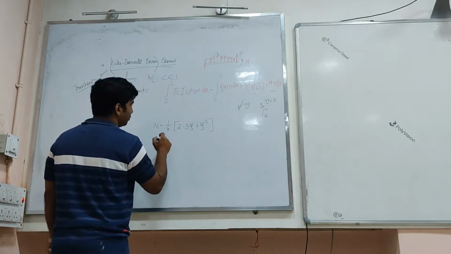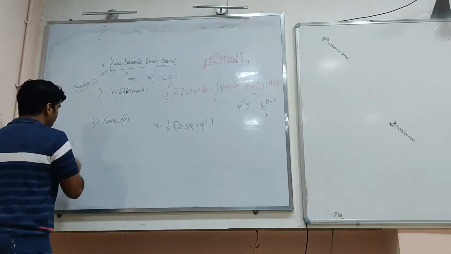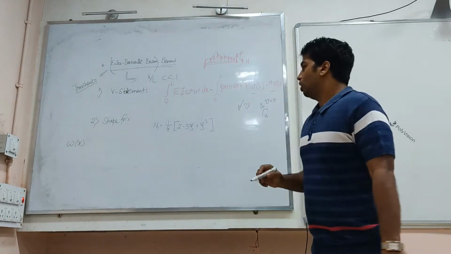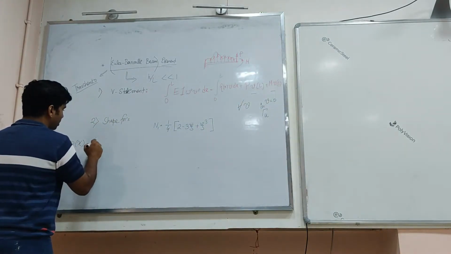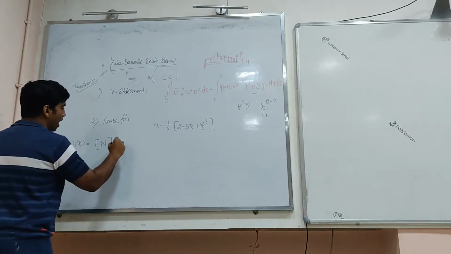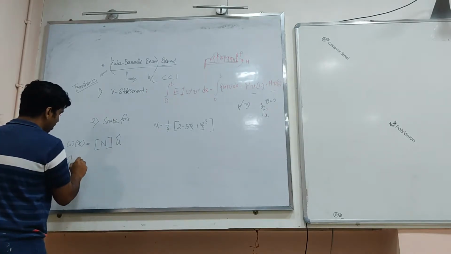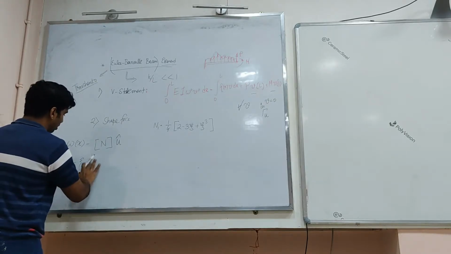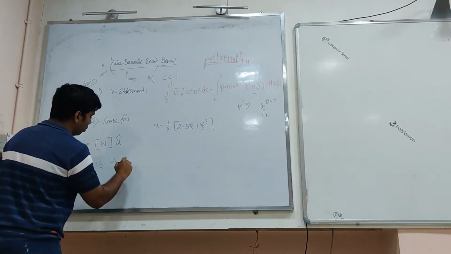And see, the idea here is that anywhere the deflection is N times u hat, where u hat is essentially u1, u2, u3, u4.